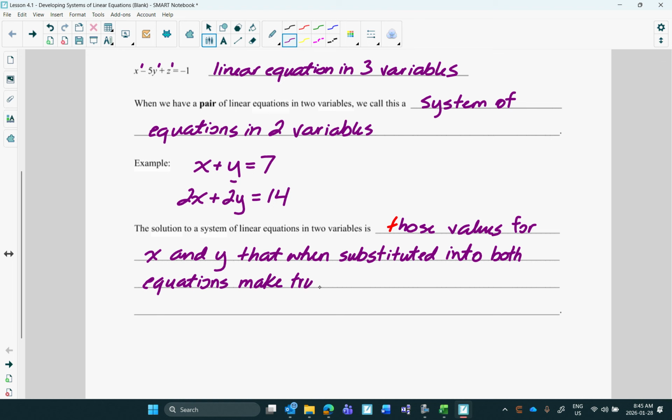A true equation is when the left side equals the right side. So like 4 and 3 is a solution because when I substitute 4 and 3 in here, I get a true equation, 7 equals 7. When I substitute 4 and 3 in here and evaluate this, I get another true equation, 14 equals 14. That's all.